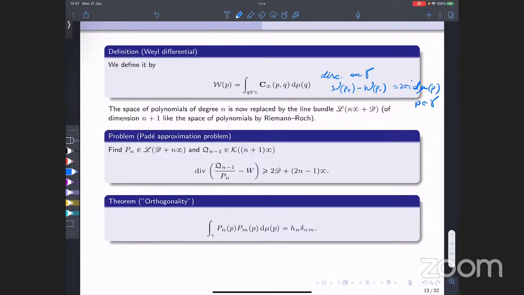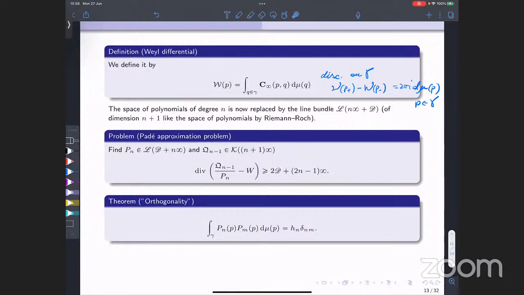Maybe this terminology is not very familiar, but it simply means L. This L stands for the linear space of meromorphic functions with a pole at this point infinity of order n at most, and with at most simple poles, or whatever the multiplicity is, at this divisor D. So in genus 0, there is no divisor, and so that's exactly the space of polynomials. In higher genus, it's a space of meromorphic functions.